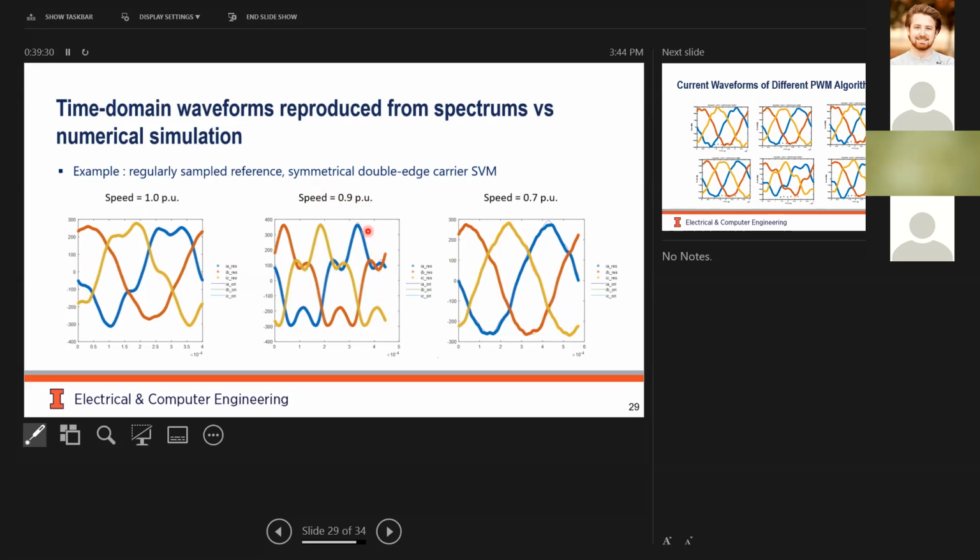Some particular harmonic voltage just resides exactly at the resonant frequency of the LC filter. So that makes this waveform very distorted and unfavorable.